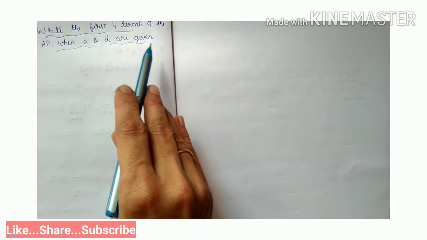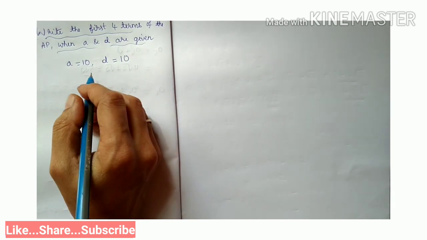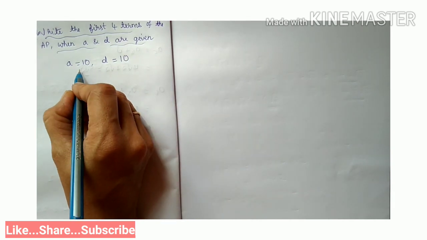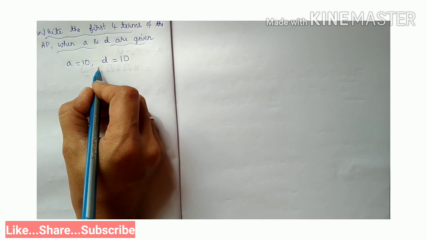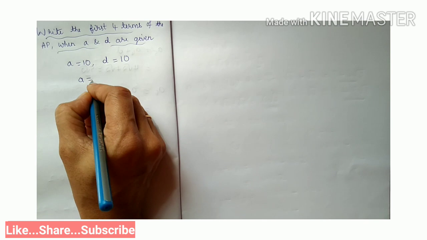Write the first four terms of the AP when the first term and common difference are given. First example, A is equal to 10, D is equal to 10. The first term A1 is 10.